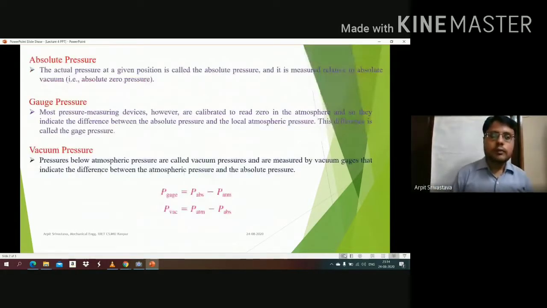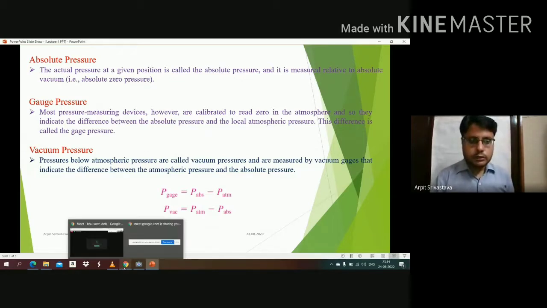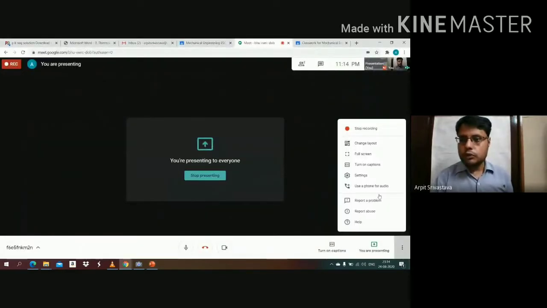Right now, we talk about types of pressure. There are three types of pressure: absolute pressure, gauge pressure, and vacuum pressure. We can understand these types of pressure through this figure.